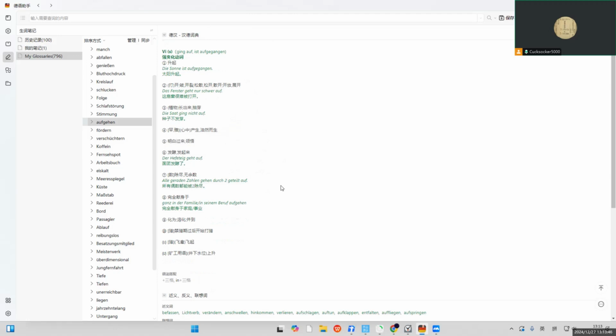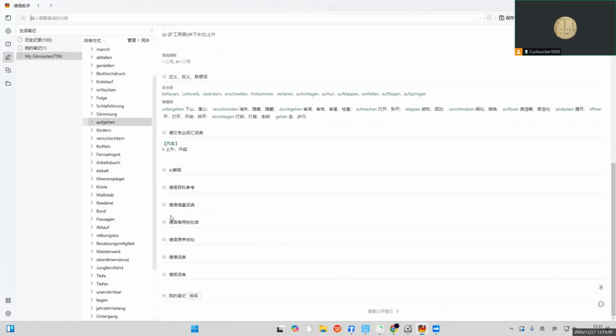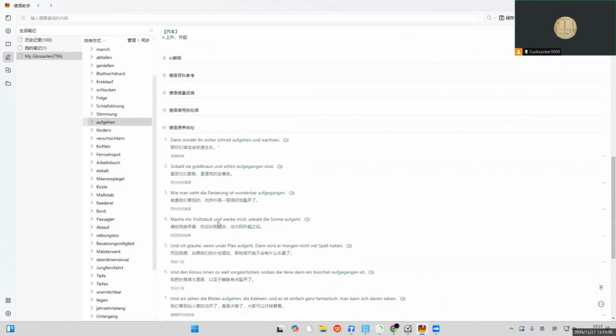Alle geraden Zahlen gehen durch den zweiten Teil auf. Ganz in der Familie seine Beruf aufgehen. Okay, so let's take a look at the sentence. Dann würde sie sicher schnell aufgehen und wachsen. Sobald sie goldbraun und schön aufgegangen sind, wie man sieht in der Panierung, ist es wunderbar aufgegangen.